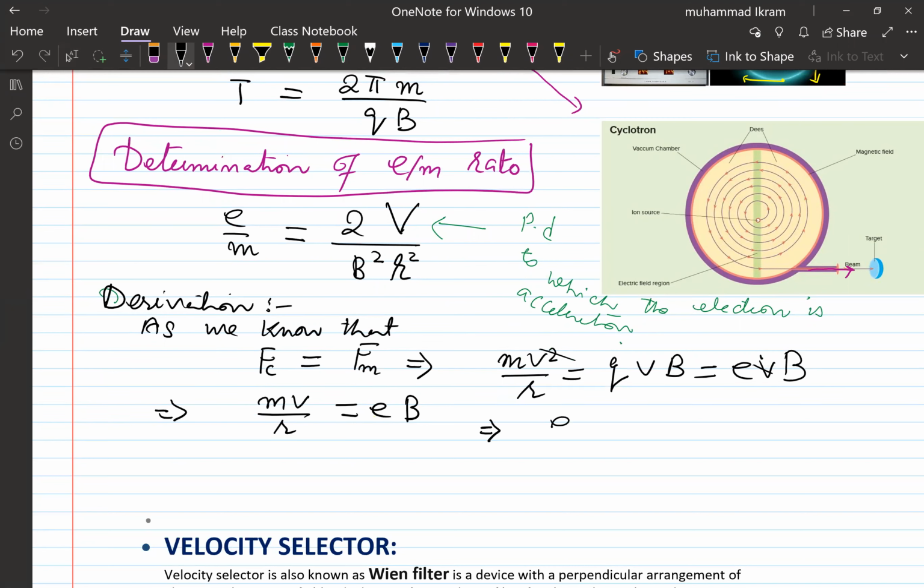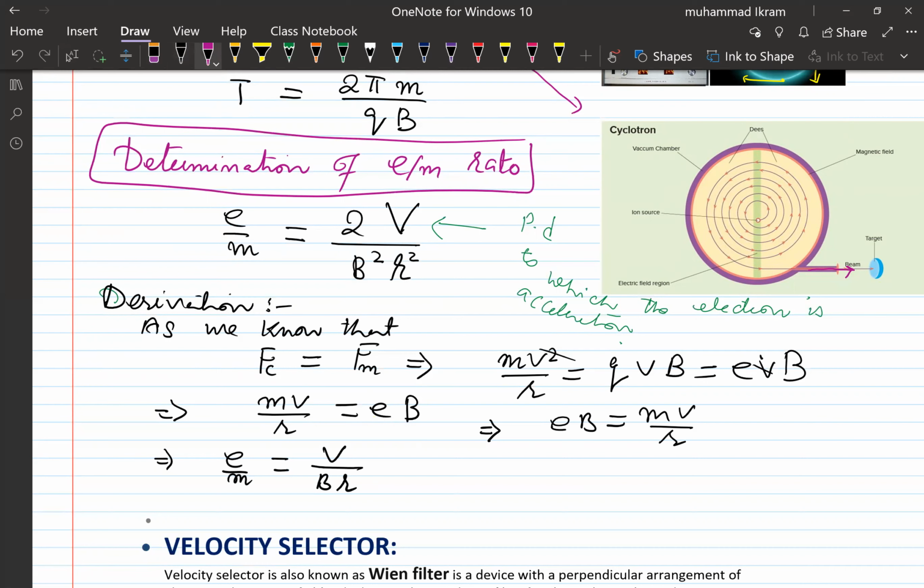So the E by M ratio, this eB, I should write directly, or we can say that this E by M ratio will be equal to v by BR.